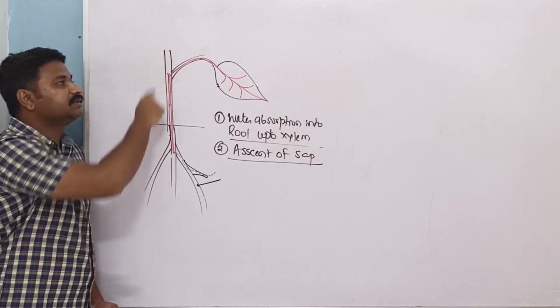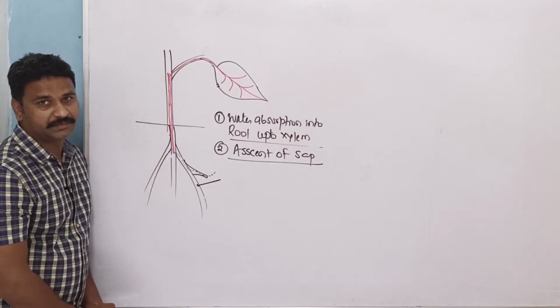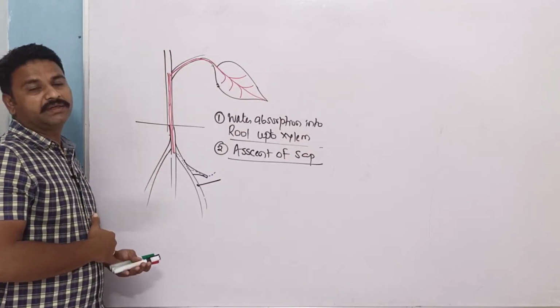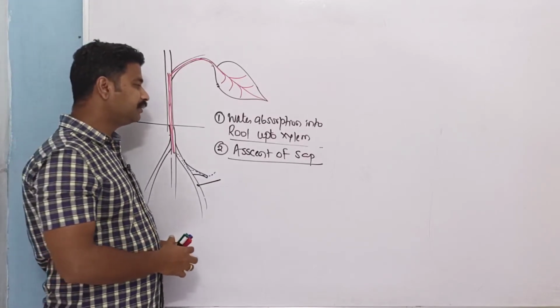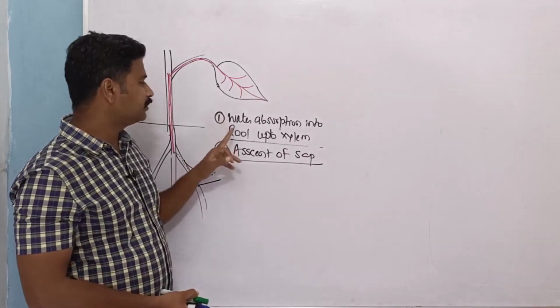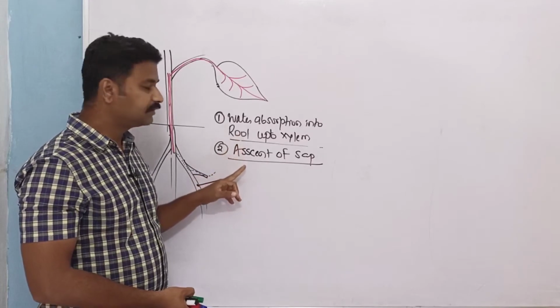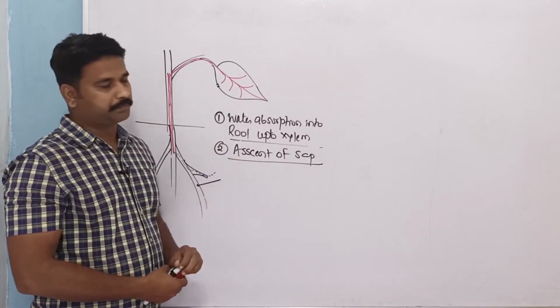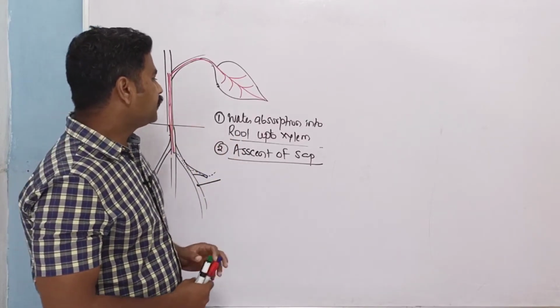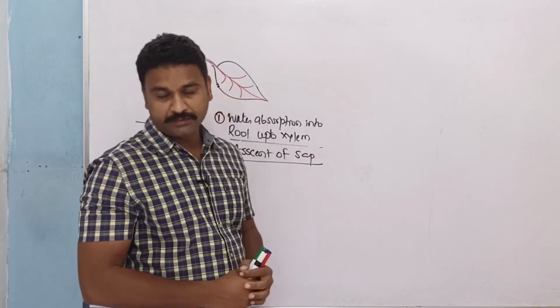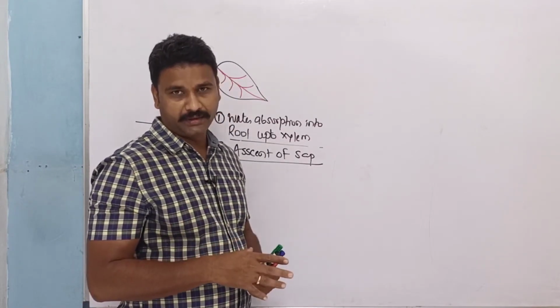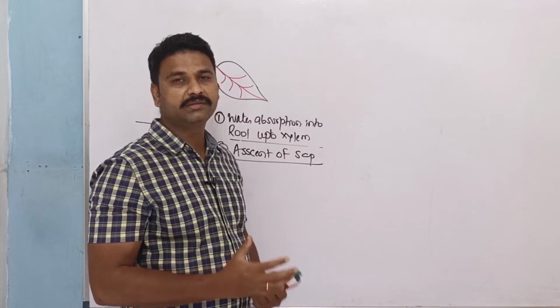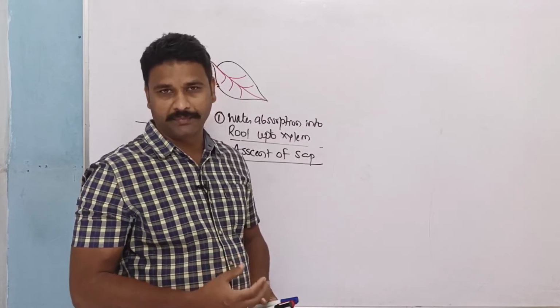This second process is called as ascent of the sap. So we will divide this topic in two different regions. Firstly we will learn about the water absorption up to the xylem, and in second part we will learn the ascent of sap. Now while speaking about the absorption of water from soil up to the xylem, we have to consider anatomical diagram of the plant.